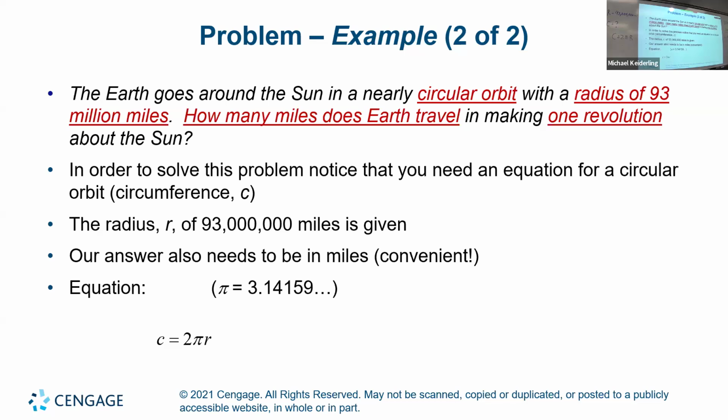In general, 3.14159 is a good enough approximation of pi for almost any purposes. But you can always use the pi button on your calculator, which will have more digits than that. But 5 decimal places is generally good enough for almost anything.